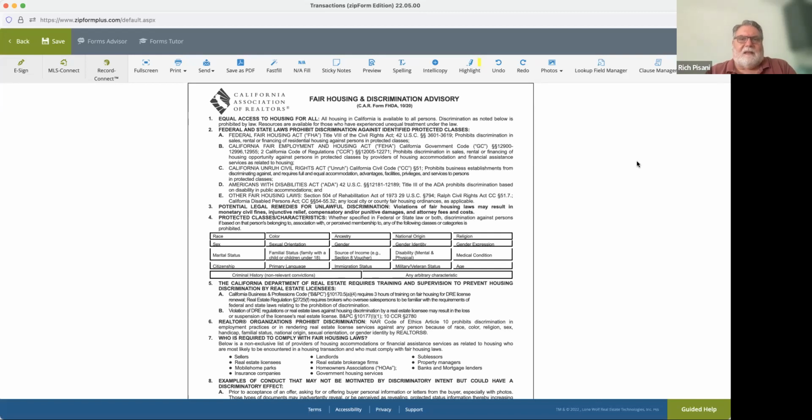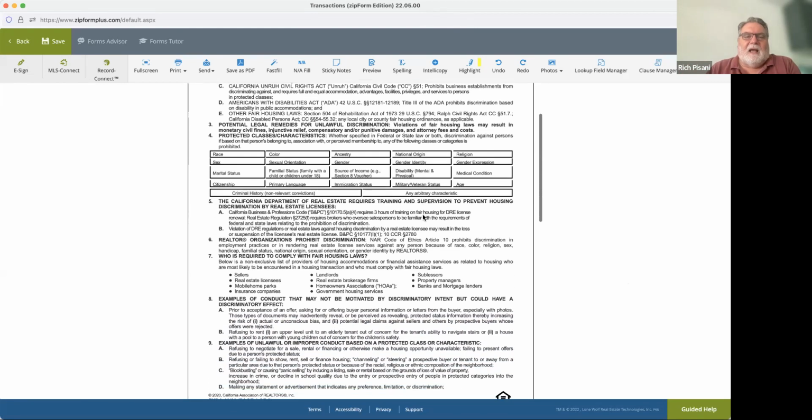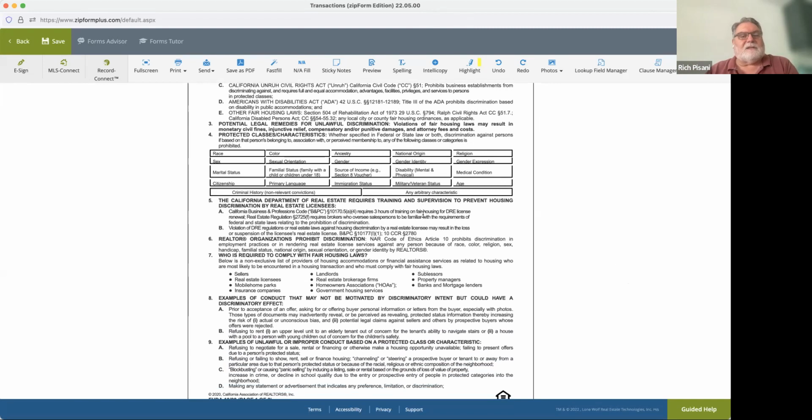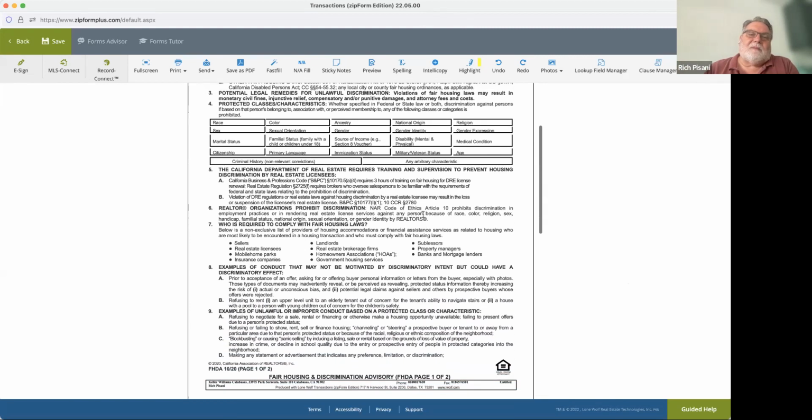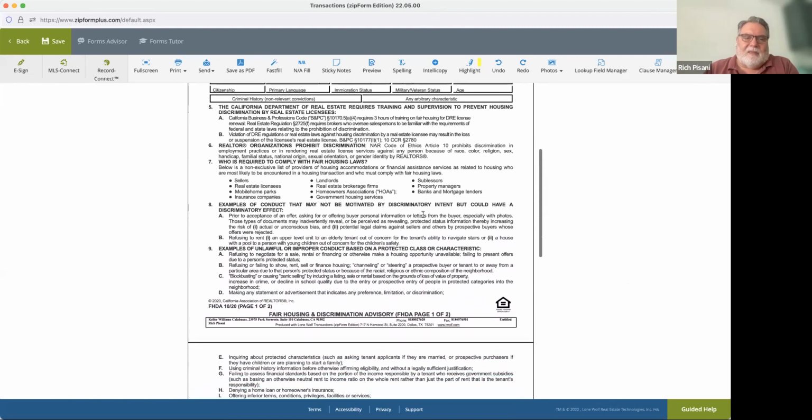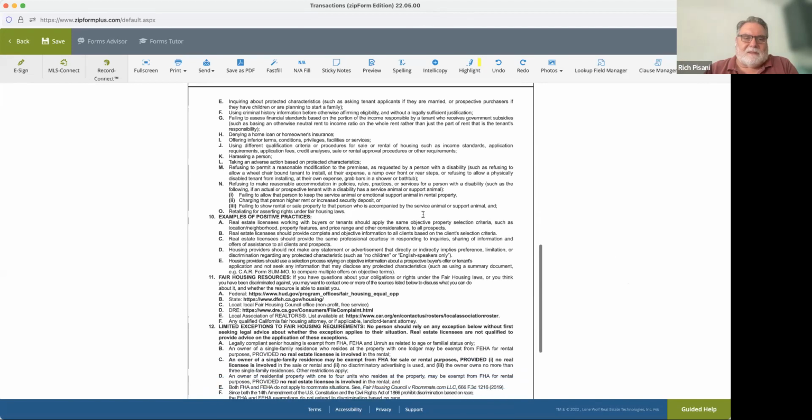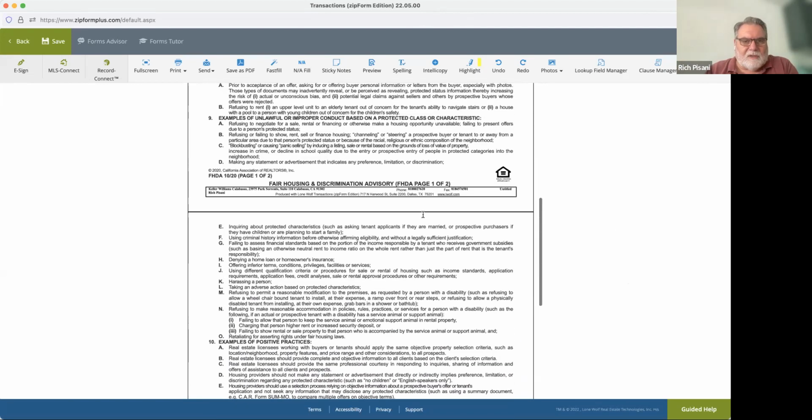Federally, the list is different, not as many, but these are all the Fair Housing Acts. It talks about we don't discriminate against any of these classes. Then would like to point out, where is it?